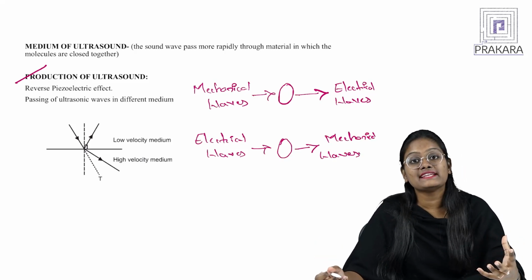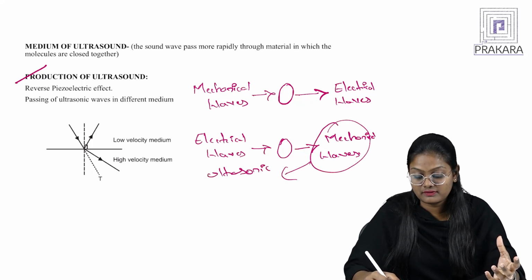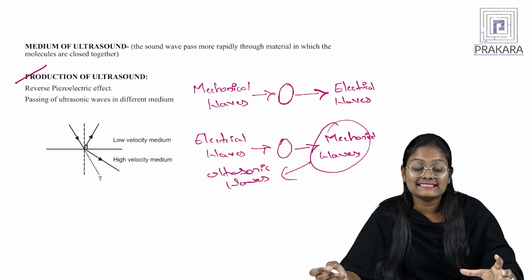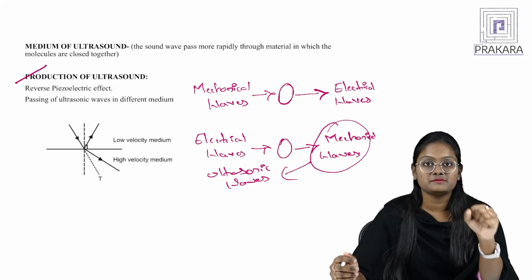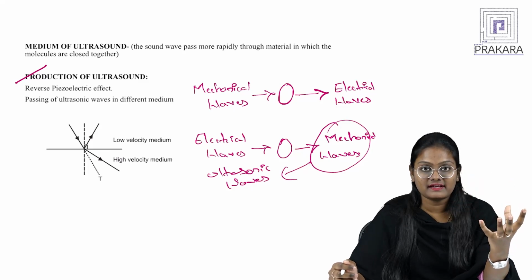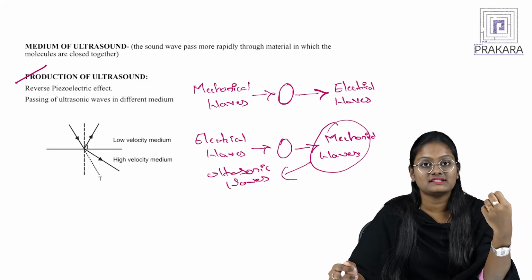These mechanical waves are the ultrasonic waves that we are talking about. So we have taken a crystal, subjected it to a high frequency current, and from the crystal we get the mechanical waves, which are the ultrasonic waves.